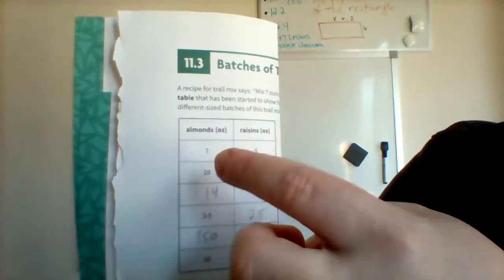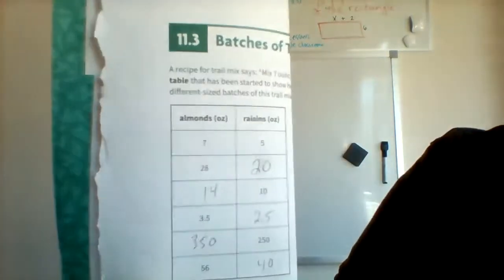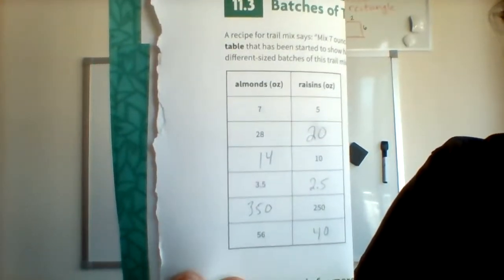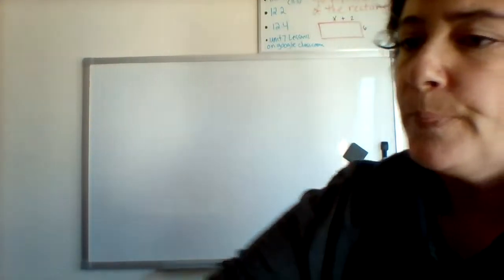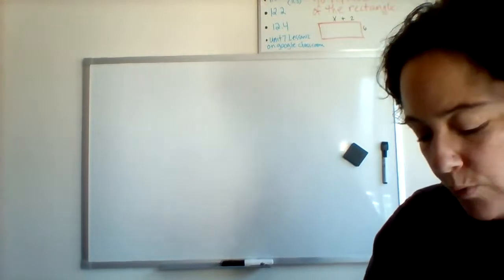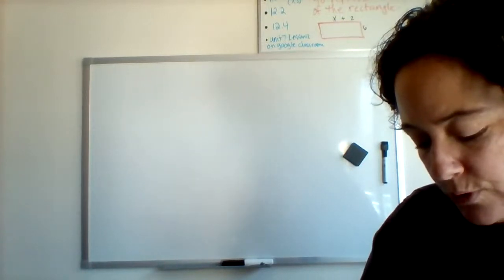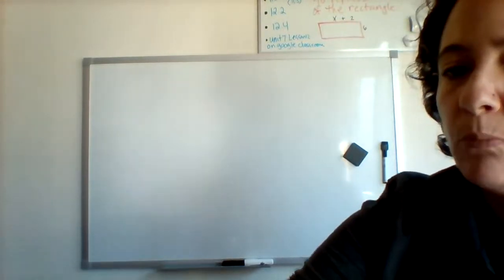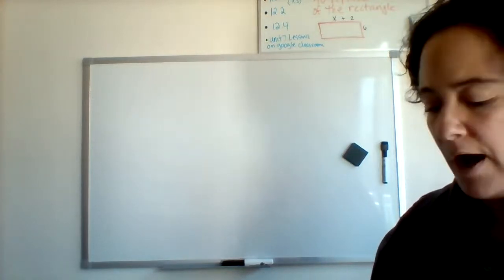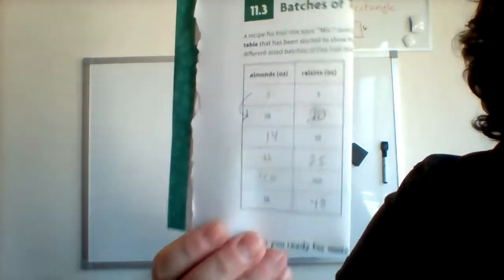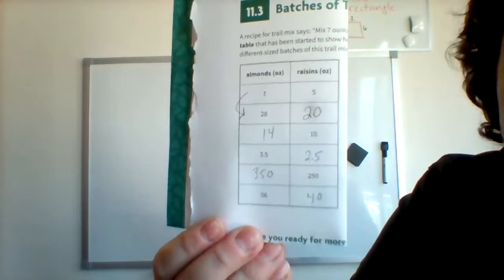So for example, 7 to 28, that's extremely easy to get to. You just multiply by 4. So when you're writing your answer for number 2, you can say, I looked for multiples of 7 and 5. Because that's all we're really doing, right? We're skip counting by 7s and 5s.